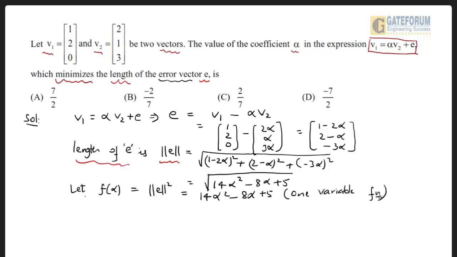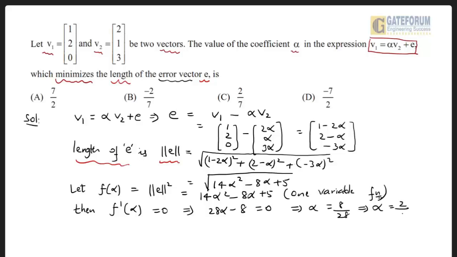Now for maxima or minima, the necessary condition is f dash alpha is equal to 0 for obtaining stationary points. First derivative with respect to alpha: this becomes 28 alpha minus 8 equal to 0. From this you get alpha is equal to 8 by 28, that is 2 by 7.